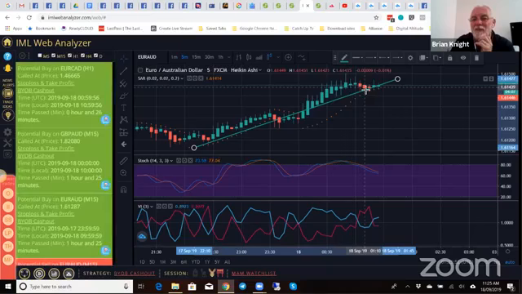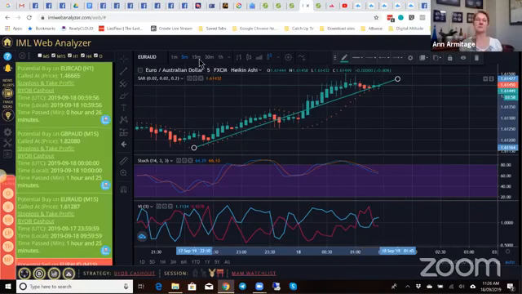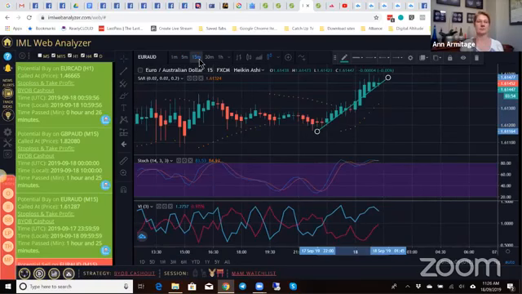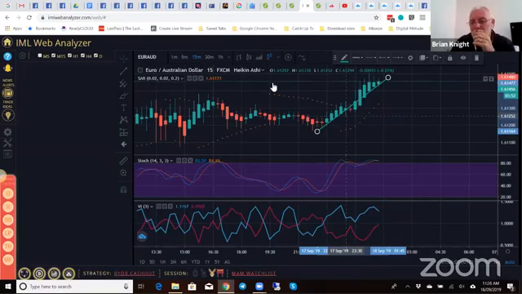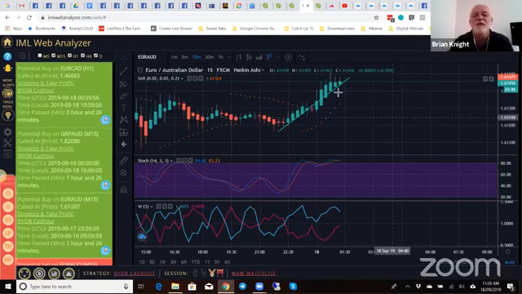This didn't really break it. Still just kind of bouncing off. That's on the 5, so I think it was called on the 15. So if it breaks that trend line, we'll have to wait and see.